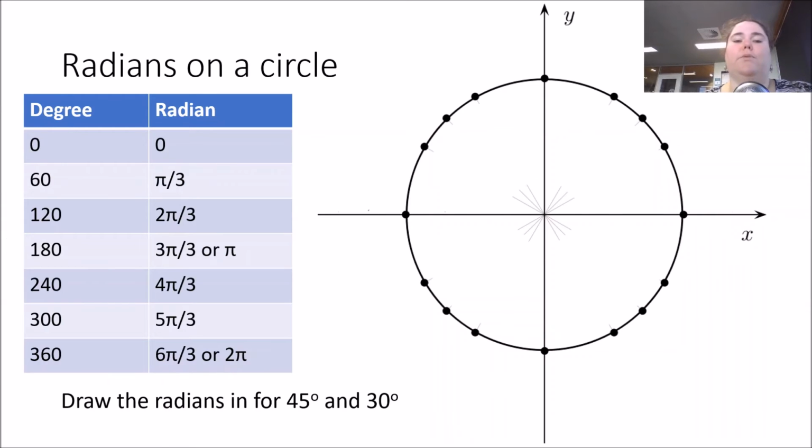Okay, so we also want to be able to draw radians on our circle. These ones here are all our pi on 3's. So we can convert, and we know 60 degrees equals pi on 3, 120 is 2 pi on 3. We can also actually draw them in.